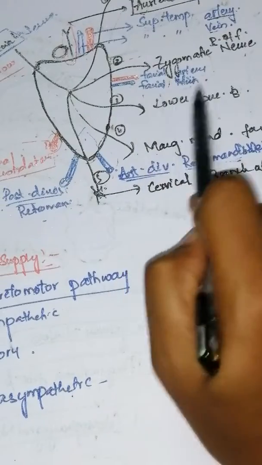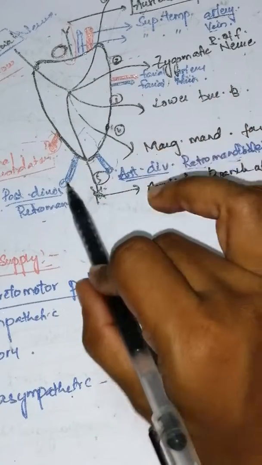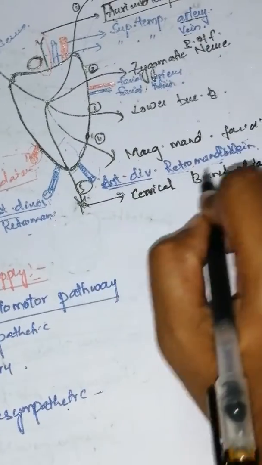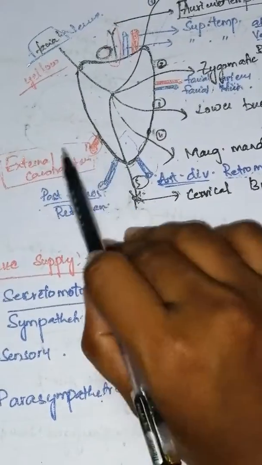The facial vein, after entering into the parotid gland, will be divided into anterior and posterior retromandibular veins. Okay, then the external carotid artery.